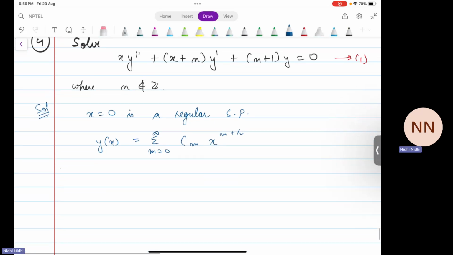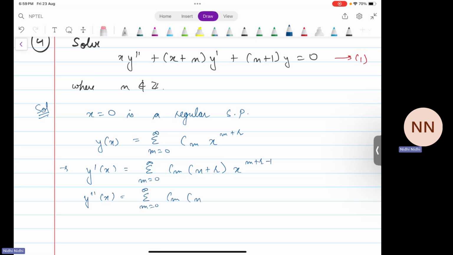So this gives us y dash x is equal to summation m from 0 to infinity Cm m plus r x to the power m plus r minus 1, y double dash x is equal to summation m from 0 to infinity Cm m plus r times m plus r minus 1 x to the power m plus r minus 2.